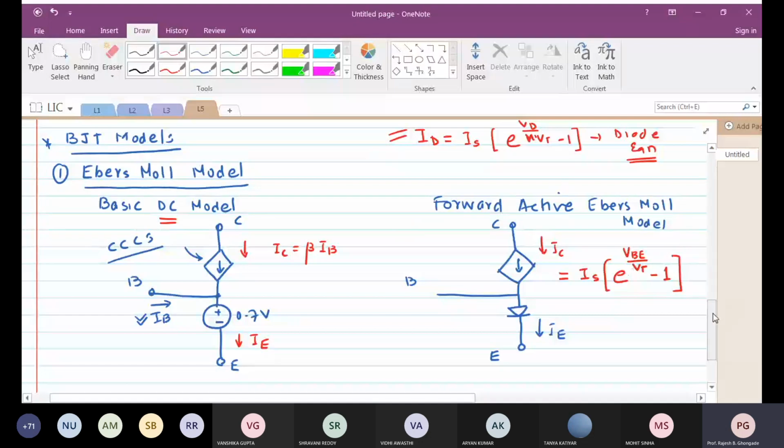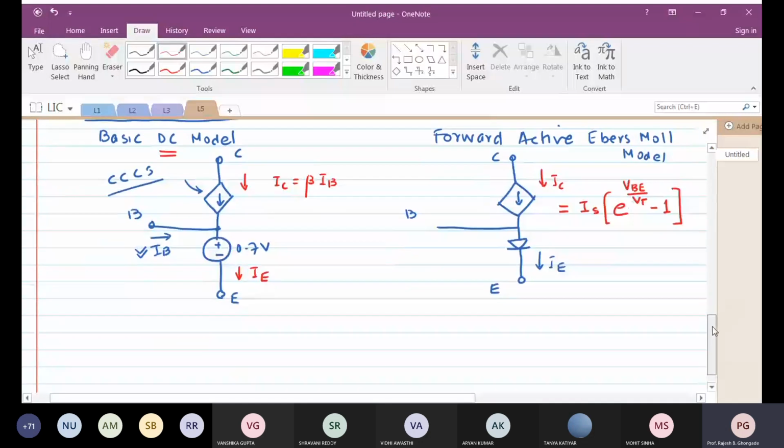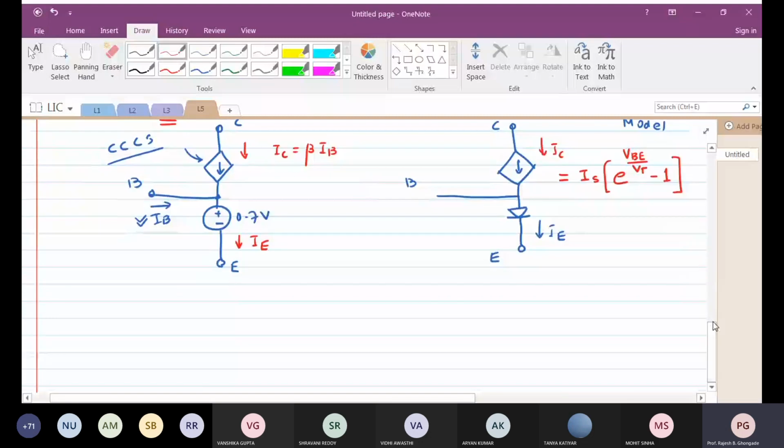Once you know these models, we can put it in terms of the various configurations. Of course, we need not go into all the configurations. What we are interested in is only the common emitter equivalents. So we'll see the common emitter form of the Ebers-Moll model.